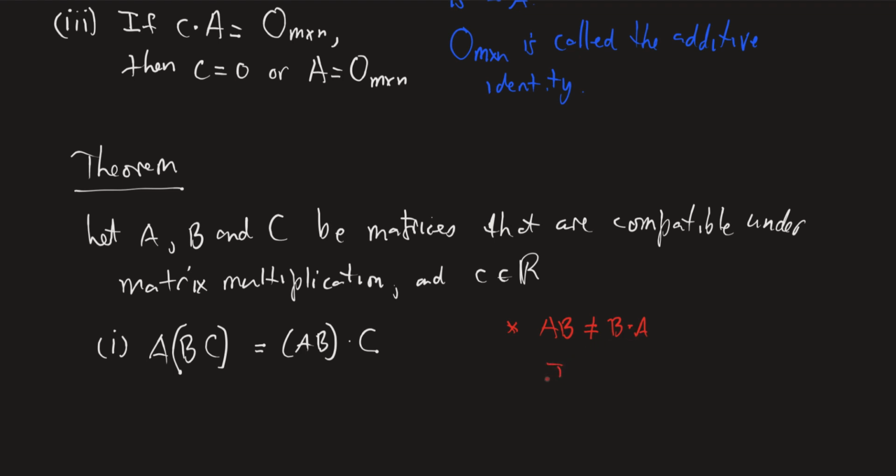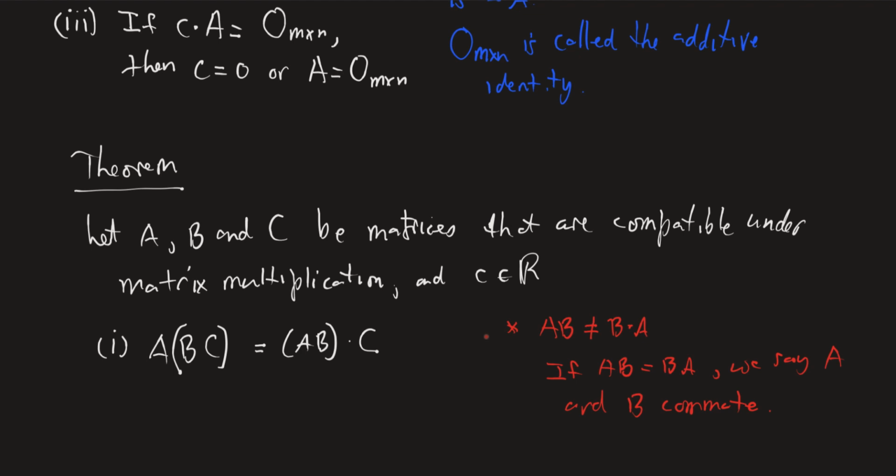But if AB is equal to BA, we say that the matrices commute. So we say A and B commute.